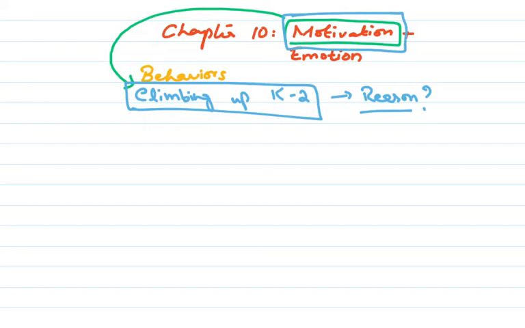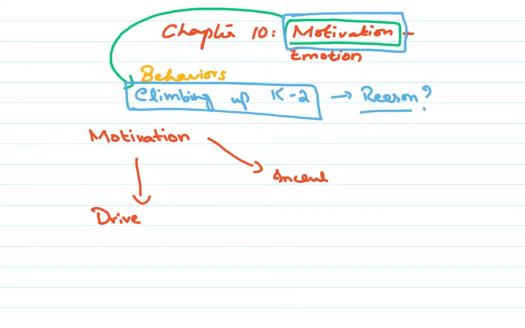Now, there are different theories that try to explain what motivation is about. There are actually two kinds of theories. The first of these are what we call drive theories, and the second of these are what are called incentive theories. There are sometimes other ways of putting these as well.